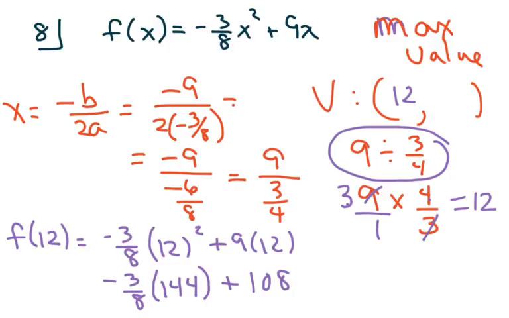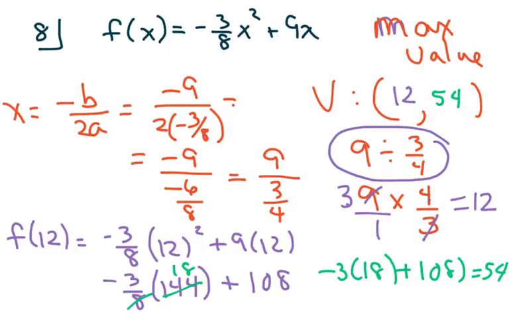Yay, it's 18. So 8 goes into 144 18 times. So you have negative 3 times 18 plus 108. So negative 54 plus 108 is going to be 54. So this equals 54.